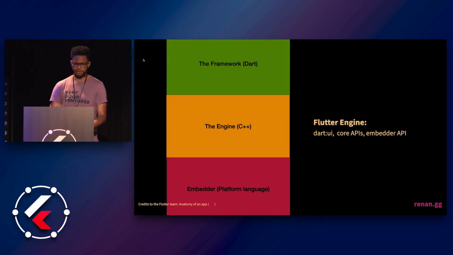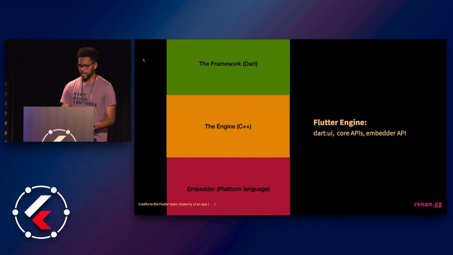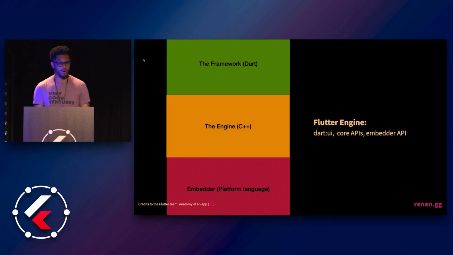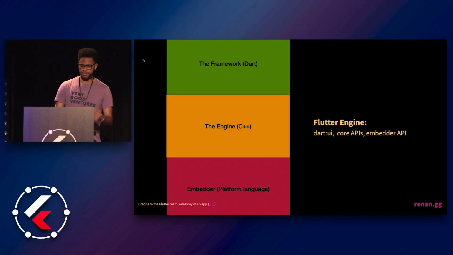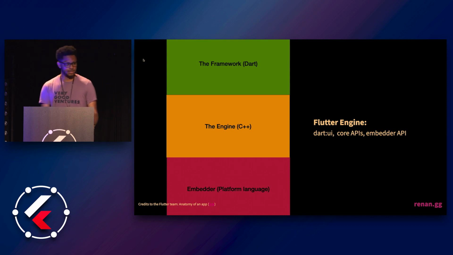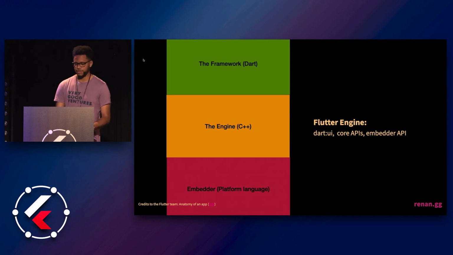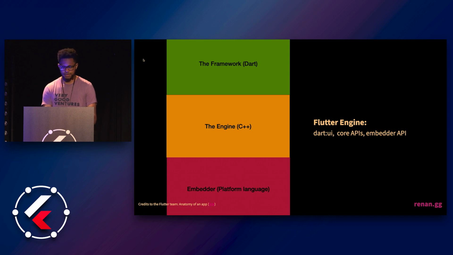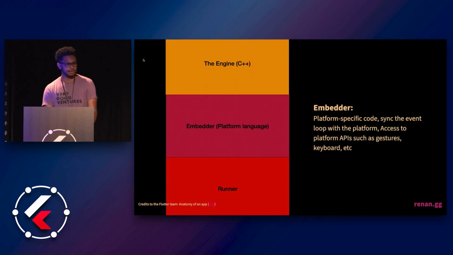The Flutter engine is mostly C++, so it's where the core APIs for Flutter are. Things like the graphics core or text composition, for example. And also there is an API that we access sometimes. If you work a lot with the canvas, there's dart:ui that comes from the engine. So mostly C++. And then there's the embedder.